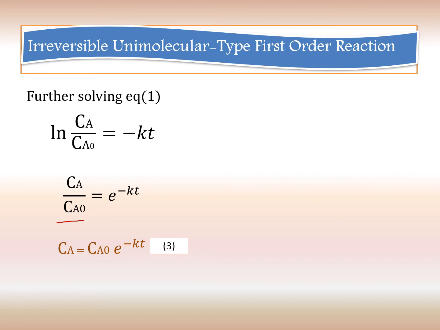We see that the equation we get in terms of concentration is in exponential form, where the previous equations were in logarithmic form. Further, we will plot a graph to see what we are actually estimating from this equation.